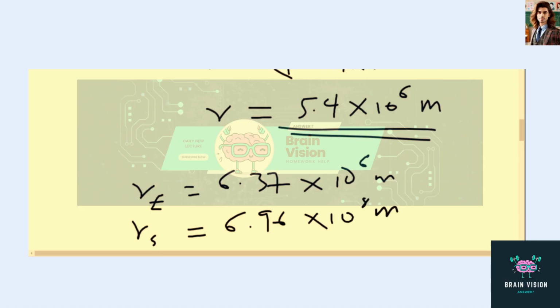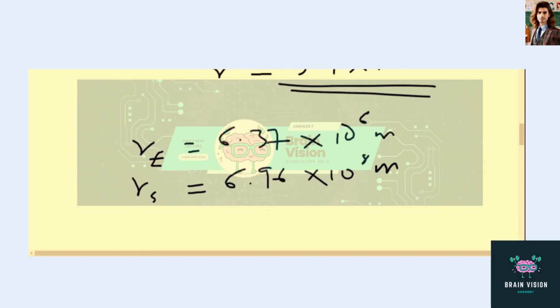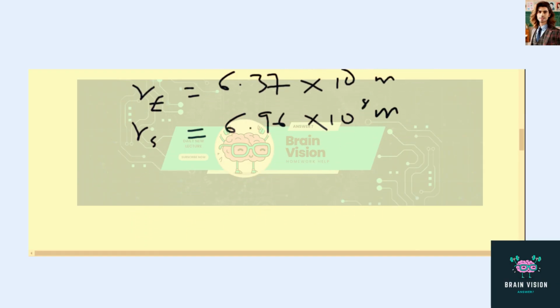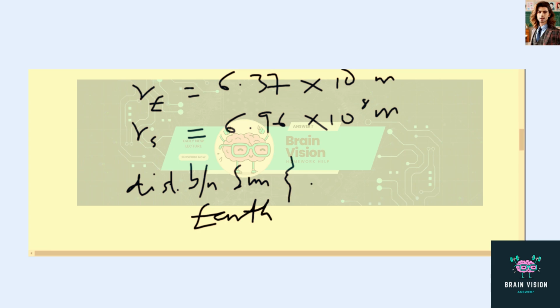And the distance between the sun and Earth is about 151.4 times 10 to the power 9 meters.